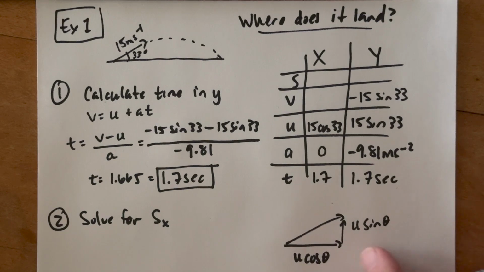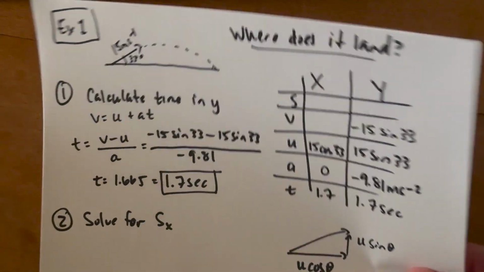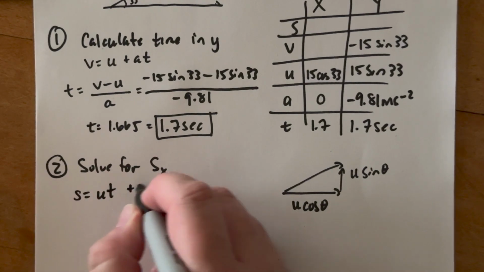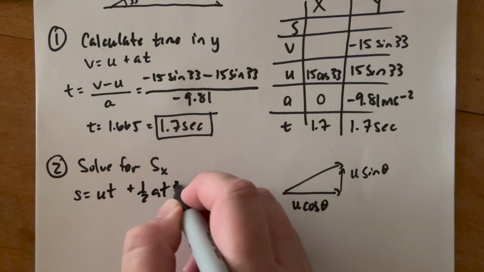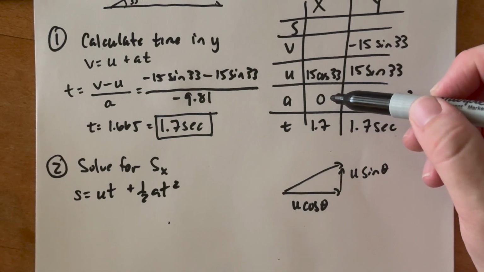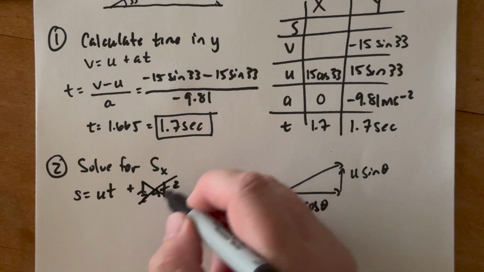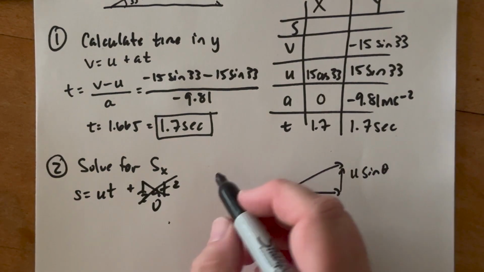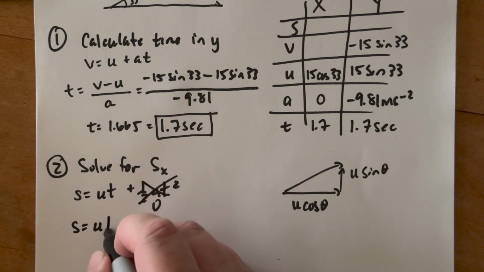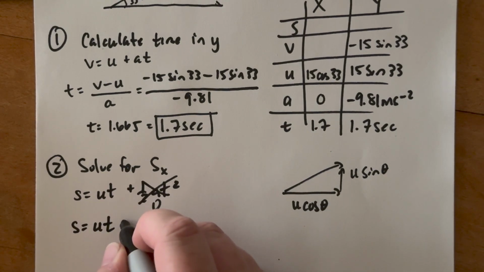We can use the equation s equals ut plus 1/2 at squared. The nice thing about the X direction is that our acceleration is equal to 0. That means 0 times anything is 0, so we get rid of this whole term. We just have that our displacement is our initial velocity times our time.